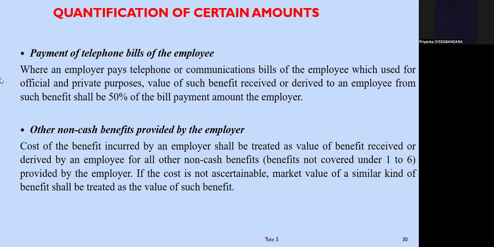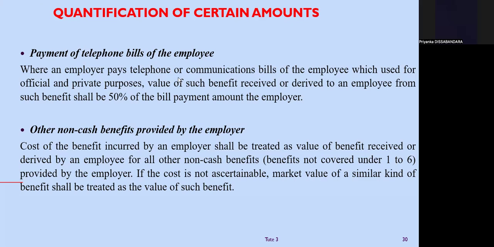That means the telephone, normally they have provided a telephone, and they reimburse us, so they pay the telephone charges. If the employer reimburses or pays the telephone charges, only 50% of that bill is considered as a telephone benefit.